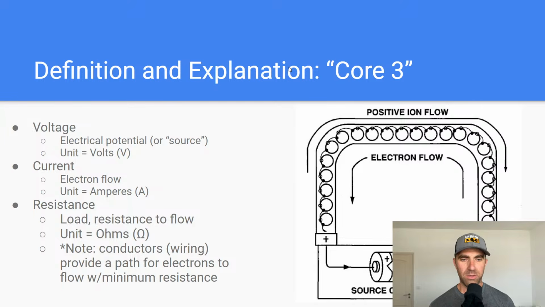In my handy picture over here, I've got a picture of a battery. That is a common source, where there's a chemical reaction happening that's generating electrons that have potential to flow through conductors.